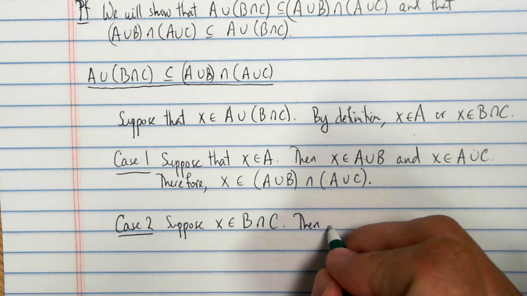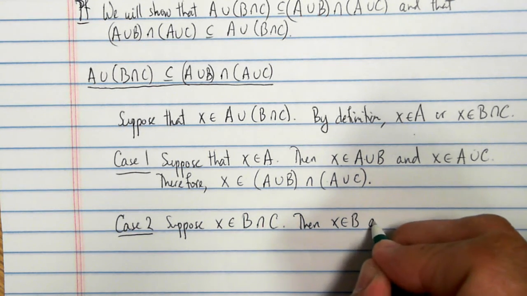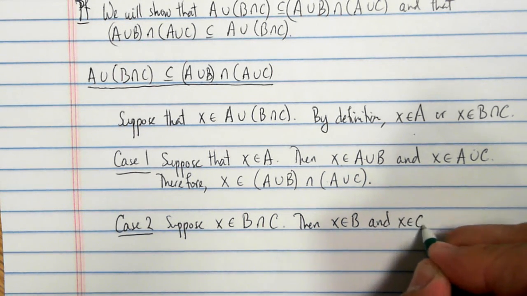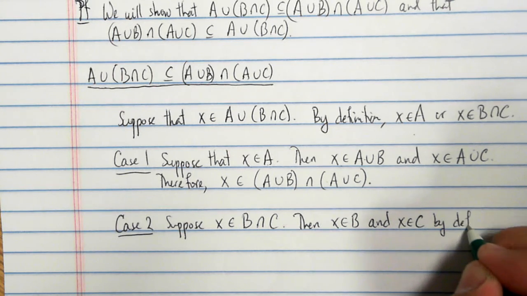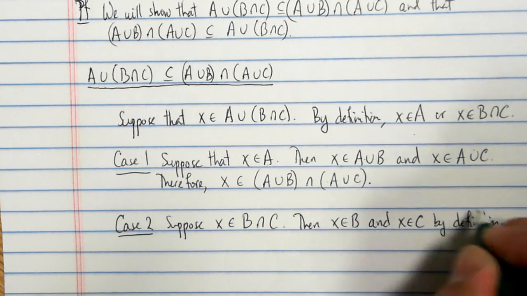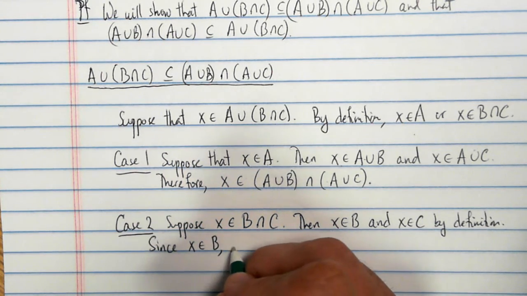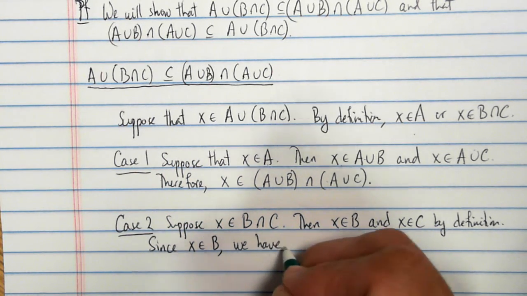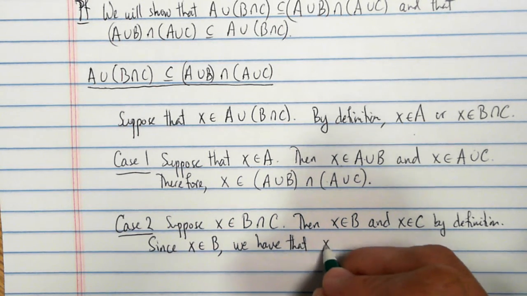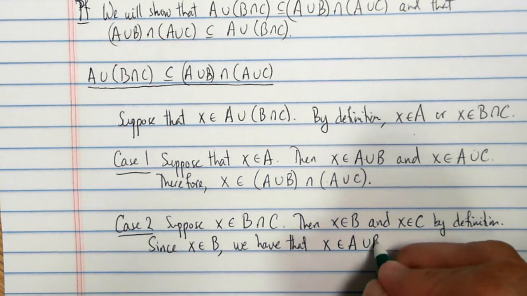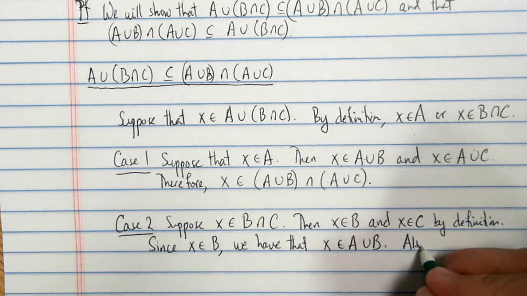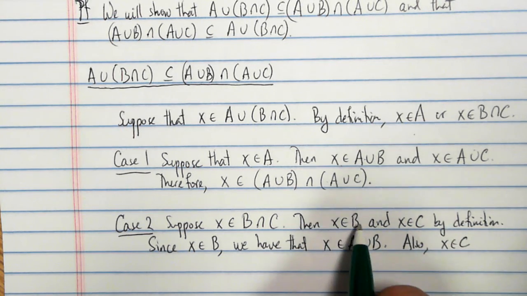Then X is in B, and X is in C by definition. Since X is in B, we have that X will be in the bigger set A union B. Also, X is in C, so both of these things happen.